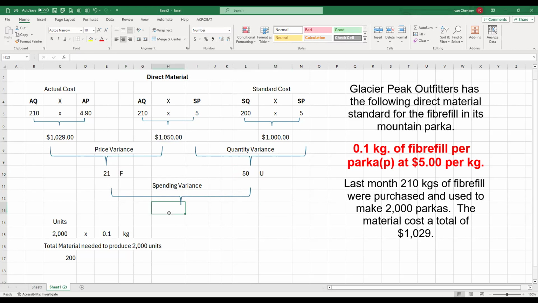How much is our overall spending? $29, not good. How do we calculate it? We can calculate it two ways: 50 minus 21, it will be 29, or 1,029 minus $1,000. Still going to be 29. Unfavorable, or not good, as you say.